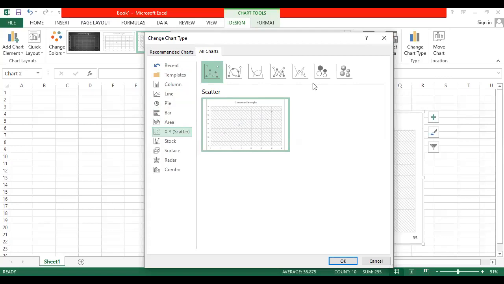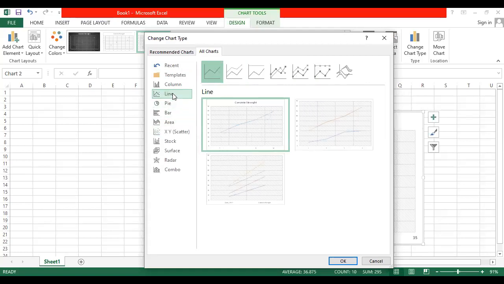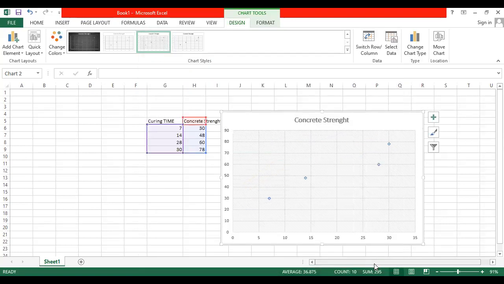Where is this option for the line plots? Okay, we'll get that one later. The most important thing is we have the scatter plots for now.